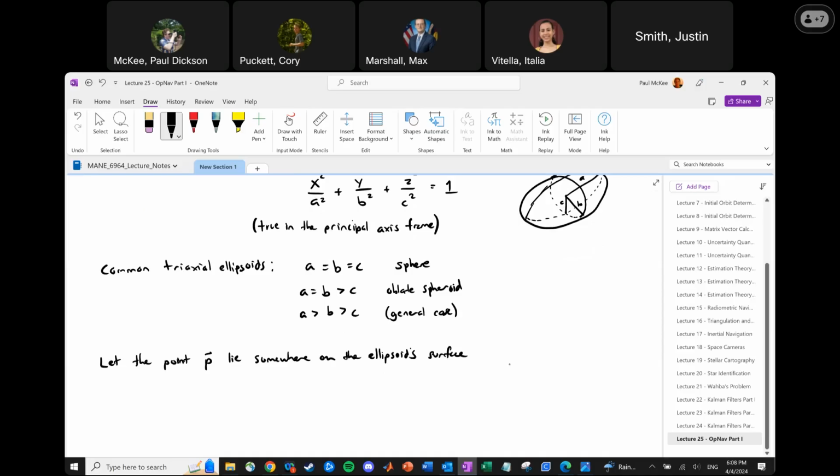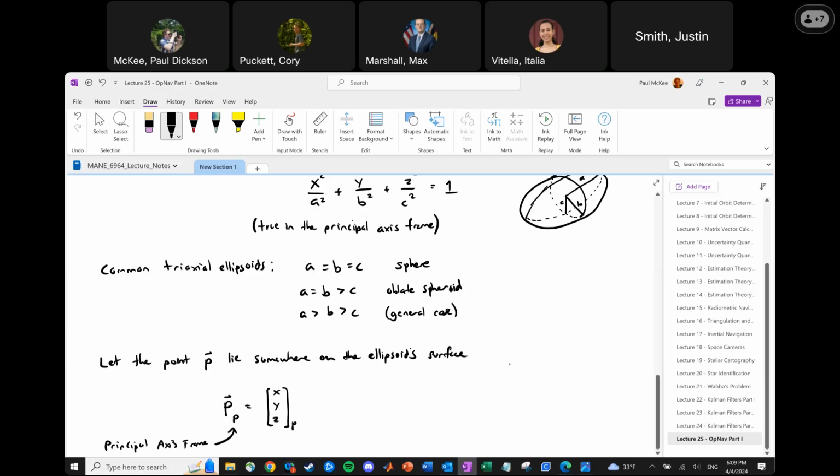If that's the case, then the vector p in the p frame, okay, that's a lot of p's, is x, y, z, still in the p frame, where p in this case is the principal axis frame. Or you can think of it as the planet frame, right?